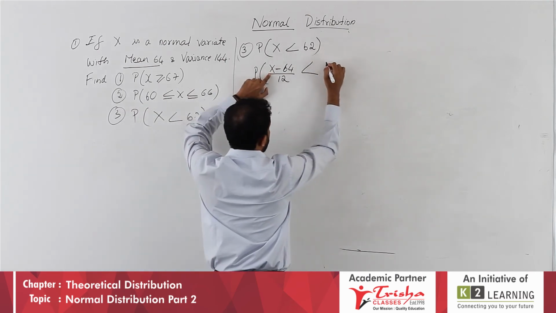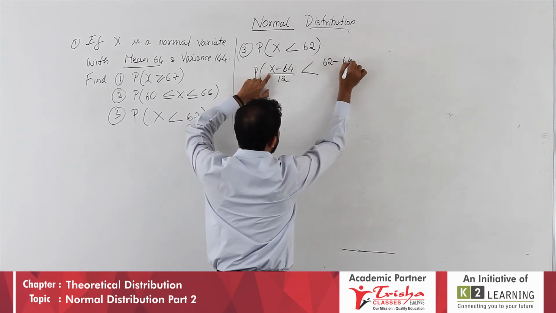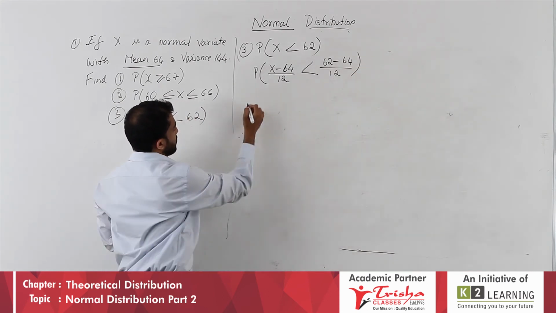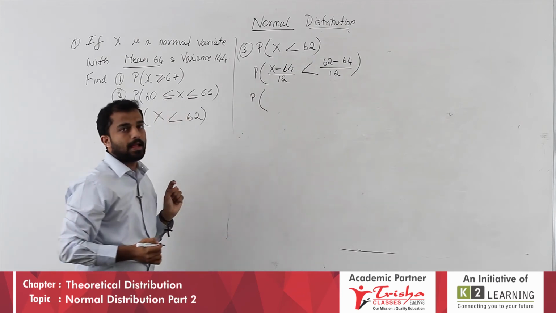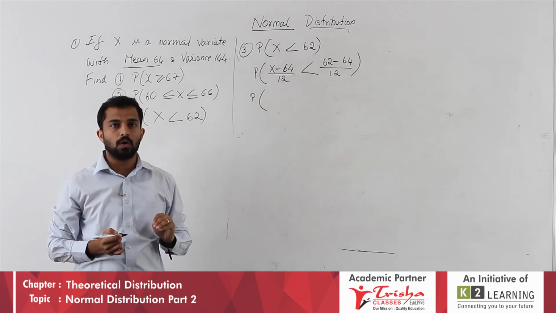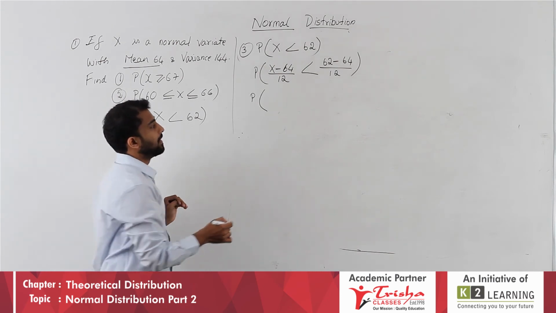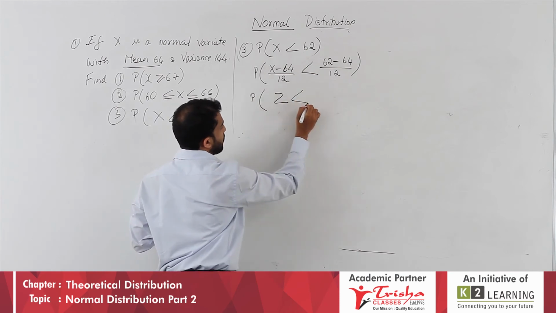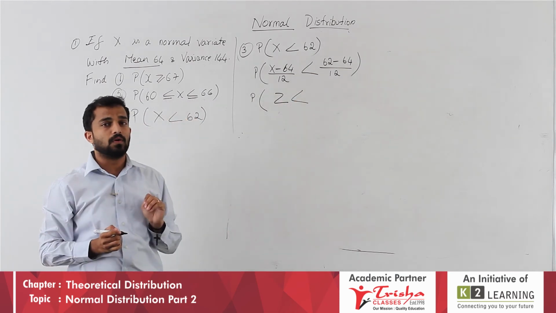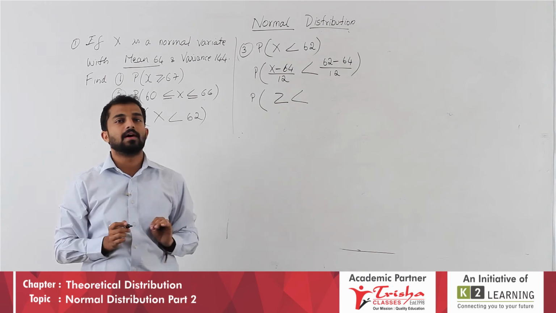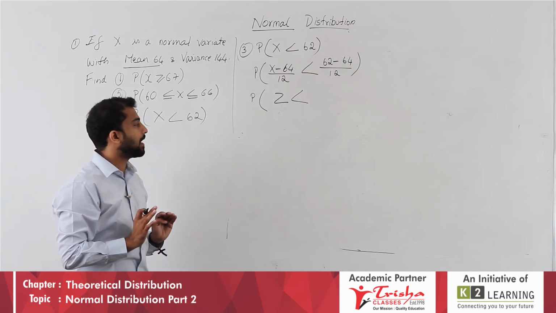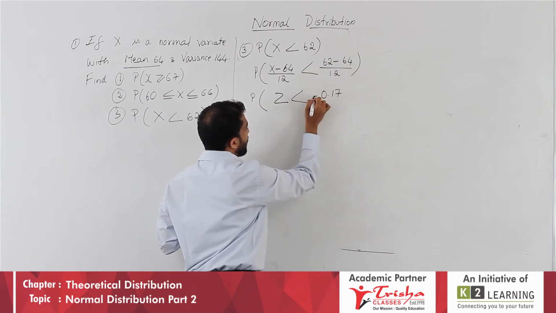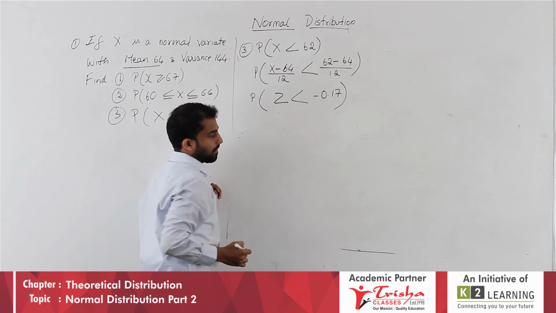Now x is replaced by 62 minus 64 divided by 12. So this is P of (x minus 64) divided by 12, this is Z, the standard normal variate, less than 62 minus 64, which is minus 2, divided by 12. Minus 2 divided by 12, students, we get minus 0.17. Don't forget the minus sign.